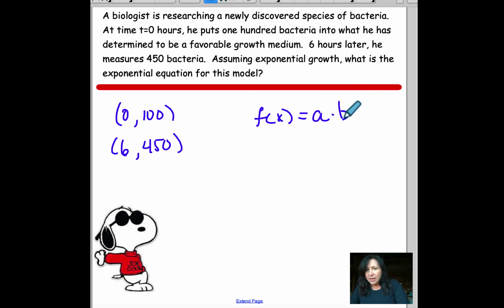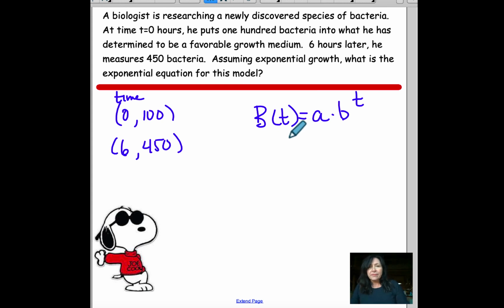Sometimes that's better, and we could use t for time, so why don't we do that? Let's just change that. So we've got b of t, and this will be a t over here. So bacteria, we'll call it b of t, is equal to a times b to the t power, t being time. And time is our x.